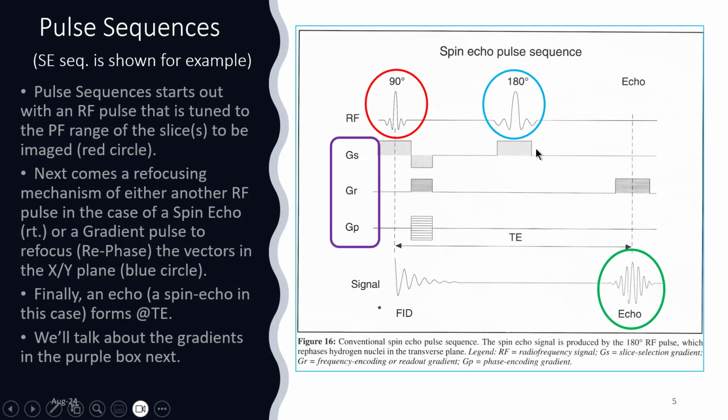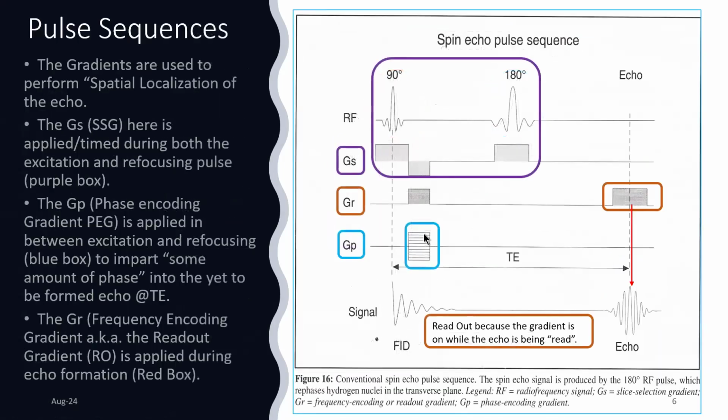And the length of time, because time runs from left to right, that's how long the gradient is on for. Notice the phase. We've gone over this in my pulse sequence class. Notice that there's lines here. That means that every TR, the amplitude of the phase encoding gradient is changed. These guys here, slice and readout, are constant. Phase changes every TR.